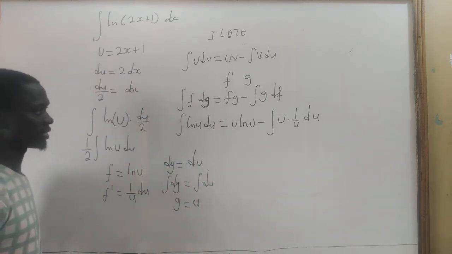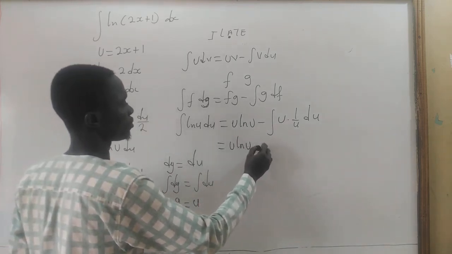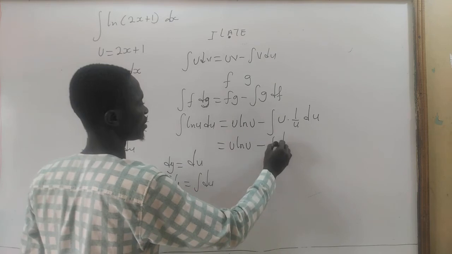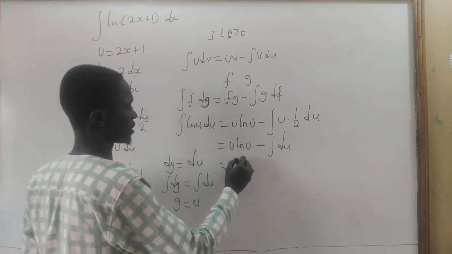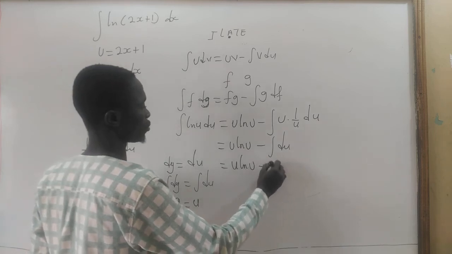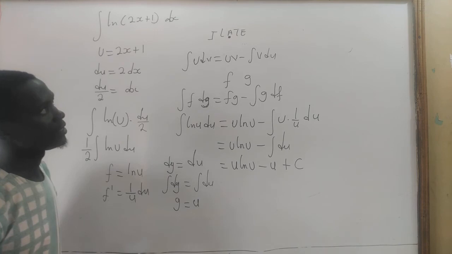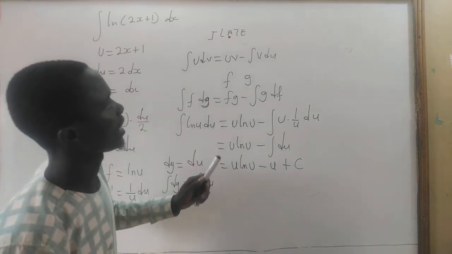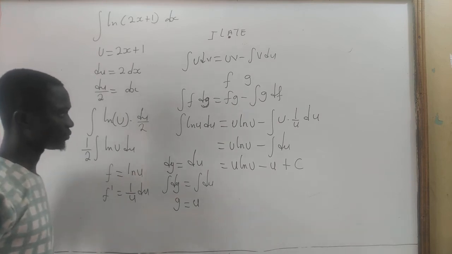Very simple as that. So this will give me u times natural log of u minus the integral du. And this is the same as u times natural log of u minus u plus the integral constant c. I think in the last question I brought the integral constant. Yes, I got it. So let's move on.